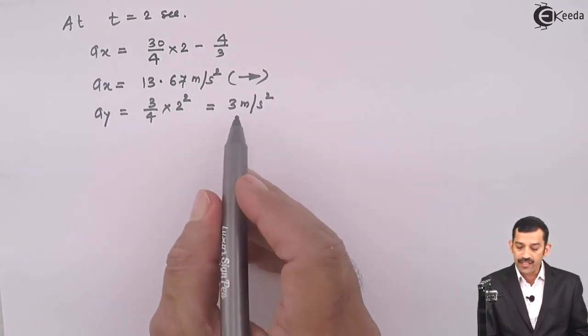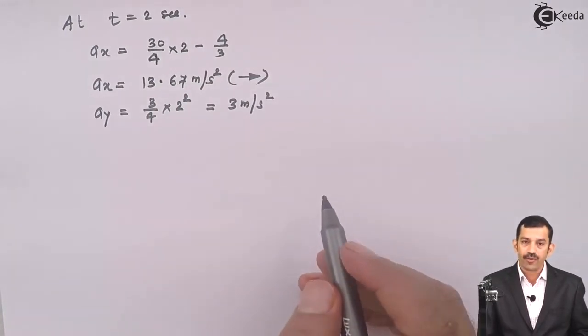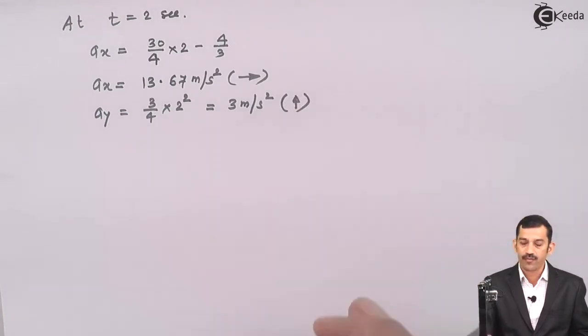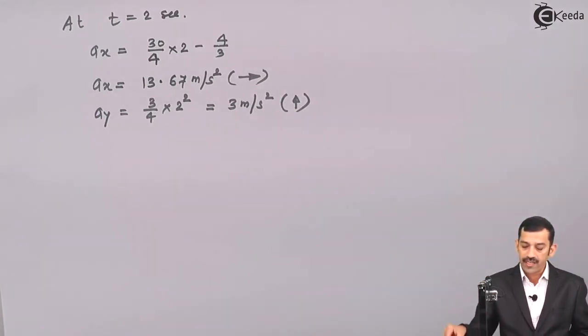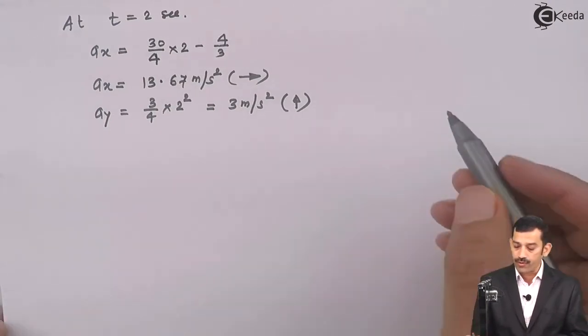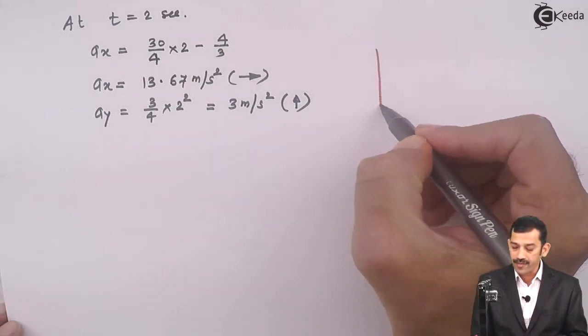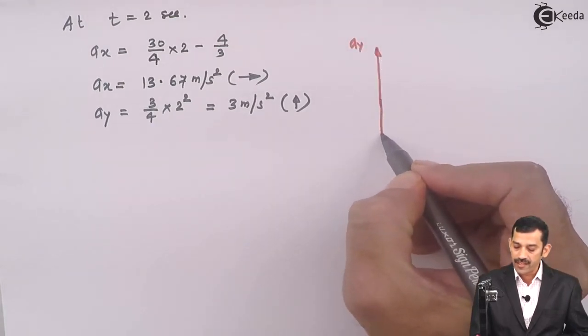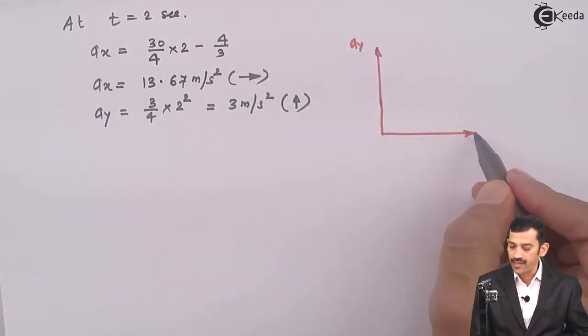Now as this is 3 meters per second square and Ay is positive, that means the direction of Ay is upward. Now Ax and Ay directions you know, therefore we will represent graphically, Ay upward, this is Ay. Ax is in the rightward direction, this is Ax.